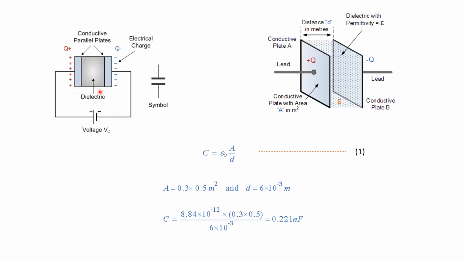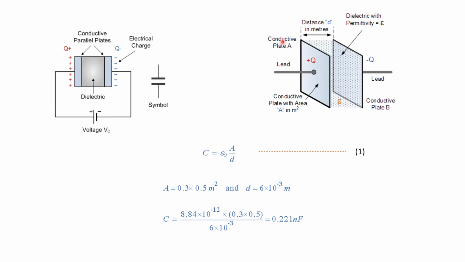And this dielectric itself makes different capacitors: electrolytic capacitors have an electrolytic dielectric, ceramic capacitors have a ceramic dielectric. Similarly there are mica, film, and all such dielectrics, which name the capacitors.